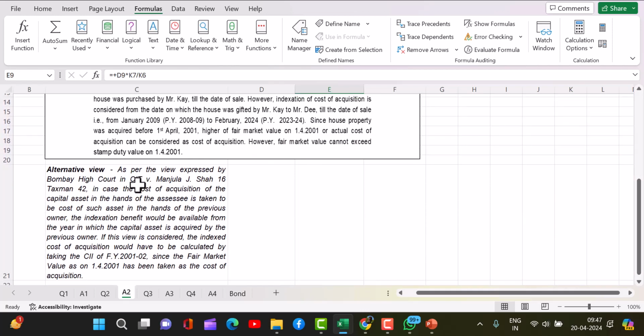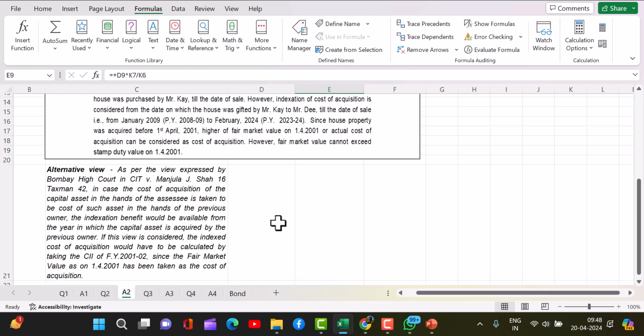As per the view expressed by Bombay High Court in CIT versus Manjula J. Shah, in case the cost of acquisition of the capital asset in the hands of the assessee is taken to be the cost of such asset in the hands of the previous owner, the indexation benefit would be available from the year in which the capital asset is acquired by the previous owner. If this view is considered, the indexed cost of acquisition would have to be calculated by taking CII of 2001-02, since the fair market value as on 1st April 2001 has been taken as the cost of acquisition.